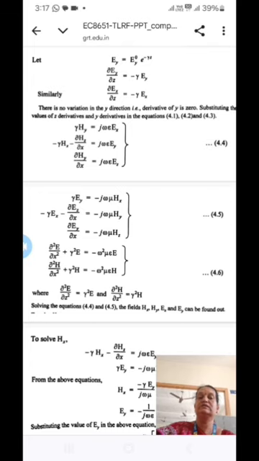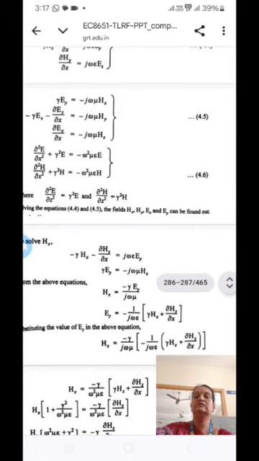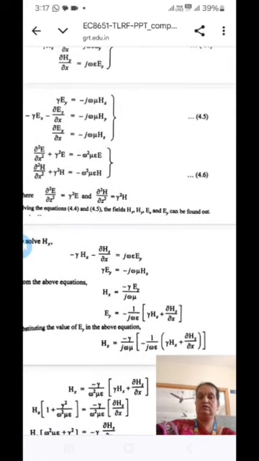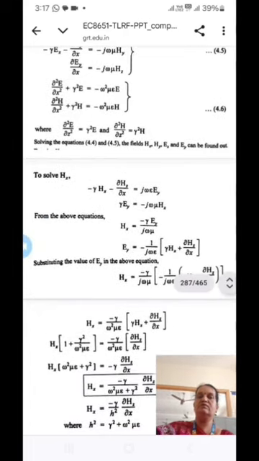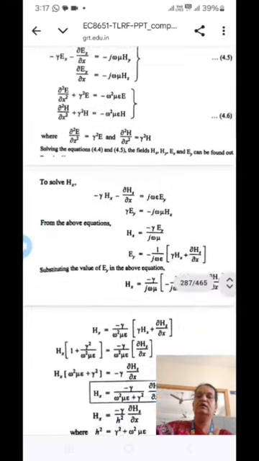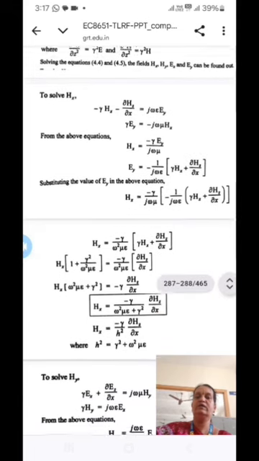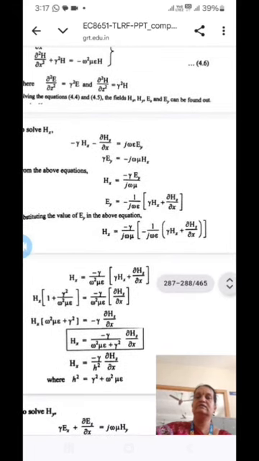So writing this, to solve for the equations in gamma, that is Hy, Hx, Ex and Ey, we have a set of equations in terms of Hy, Hx and Ey. We have to solve for Hy and Hx, similarly Ey and Ex.